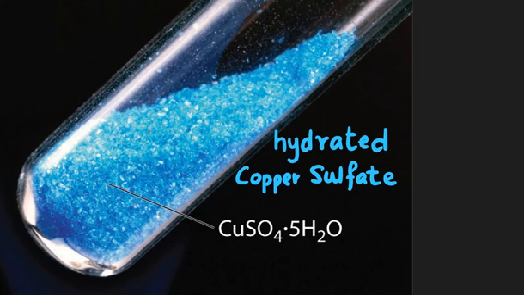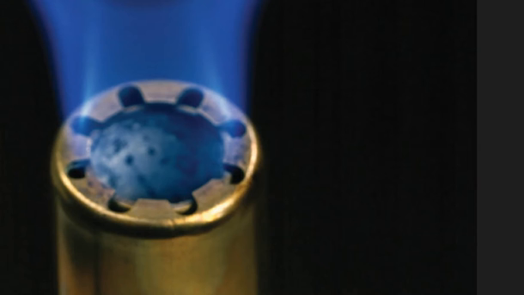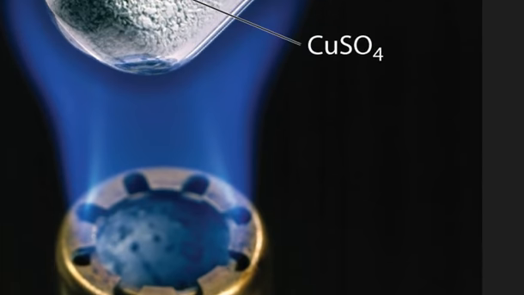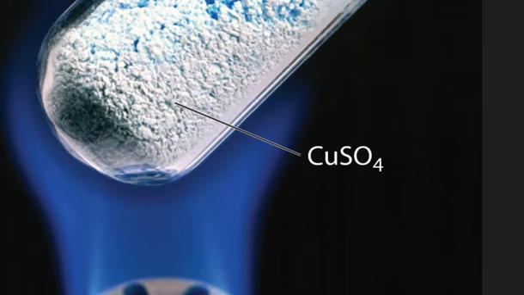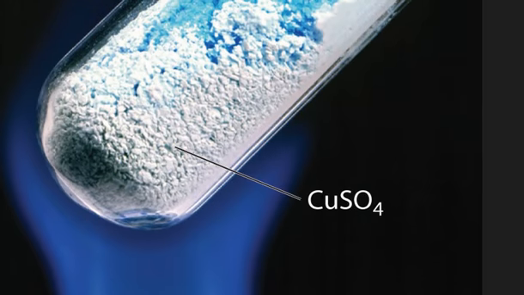Now I am going to heat this hydrated copper sulfate to see if there are color changes visible. So this is a flame of a burner, and on this flame I am going to place the boiling tube which contained hydrated copper sulfate with the formula CuSO4.5H2O, and as the heating progresses you will find that the blue color changes into white.